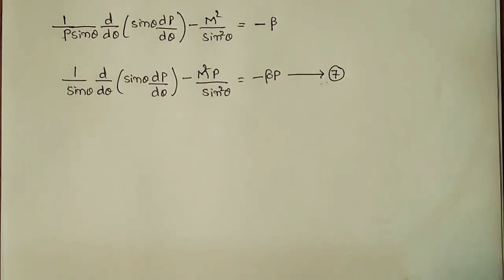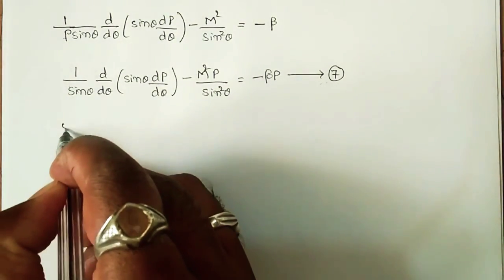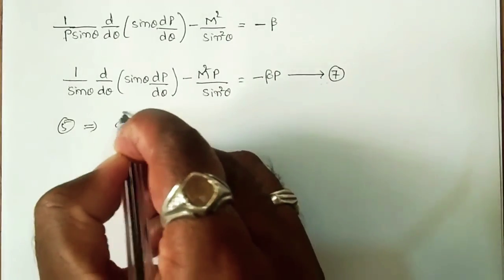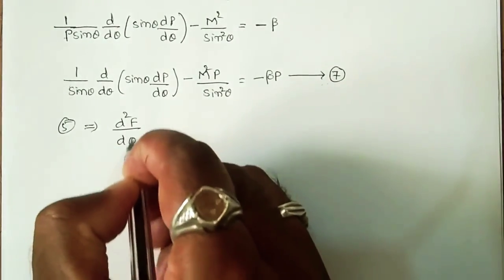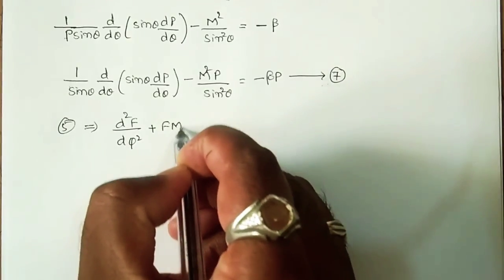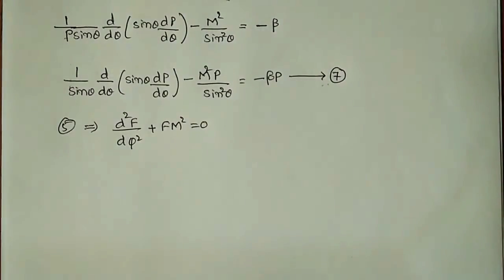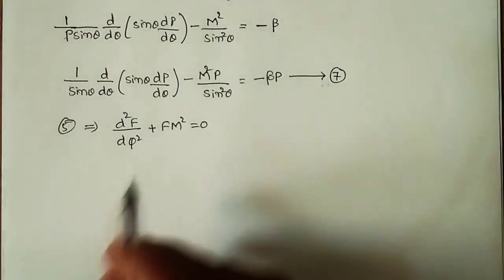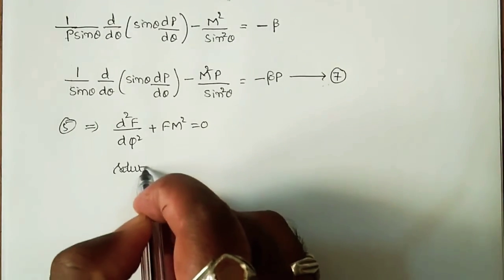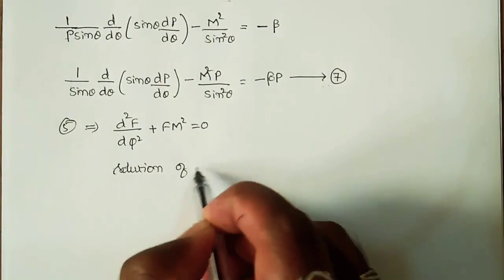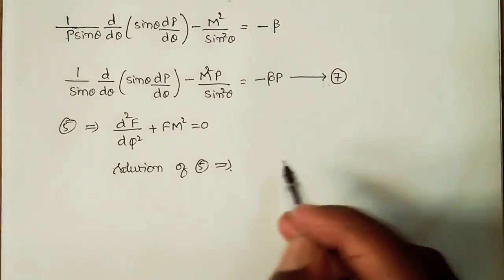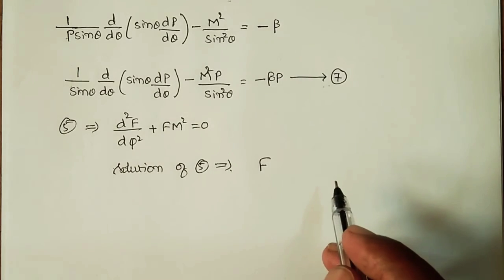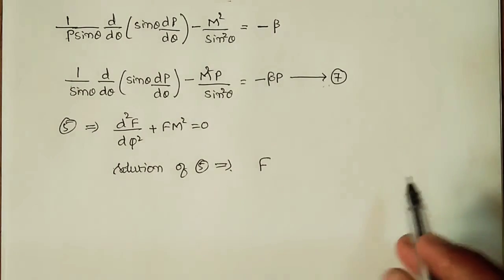So firstly we shall consider equation 5. What will equation 5 say? According to equation 5, d square F by d phi square plus m square F is equals to 0. When you solve this equation, I'm not going with the details of the solution, I'm giving the final solution because it's a very lengthy process.